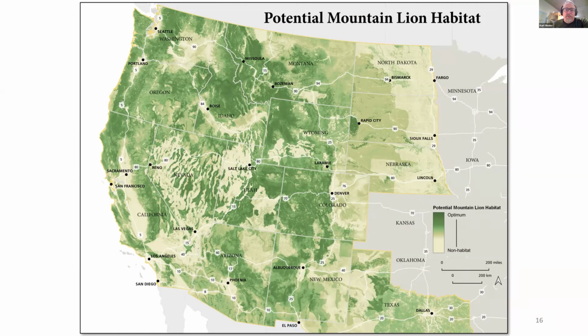There are certainly some issues where you see state borders in the results, but overall, the results were pretty accurate compared to models done in local states. We used this to generate acreages of potential habitat by different game management hunt units in different states.